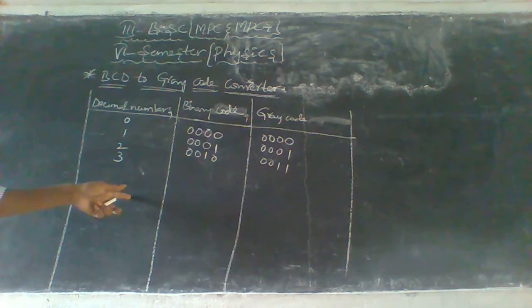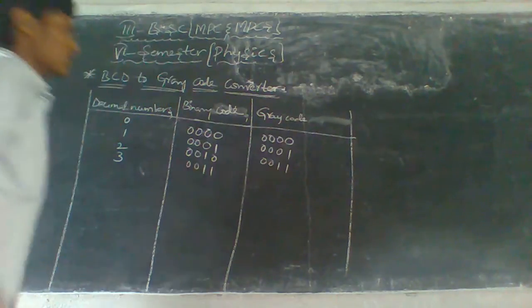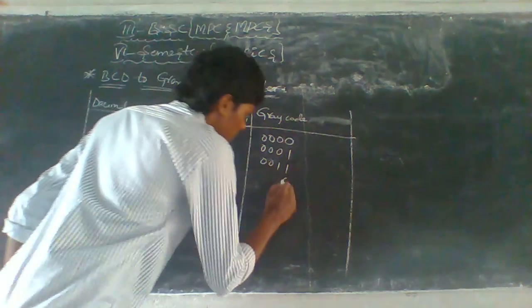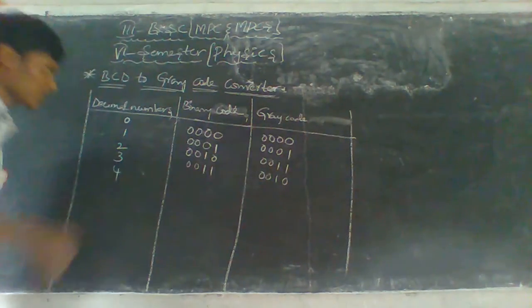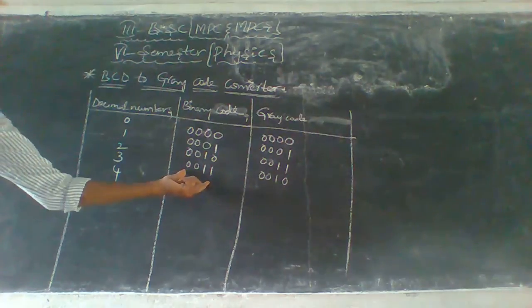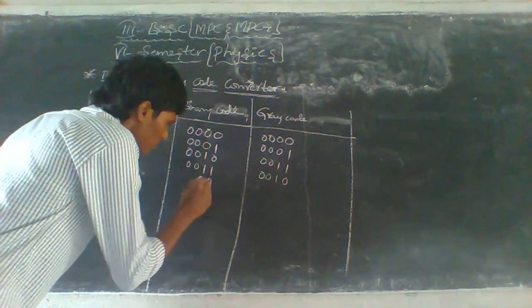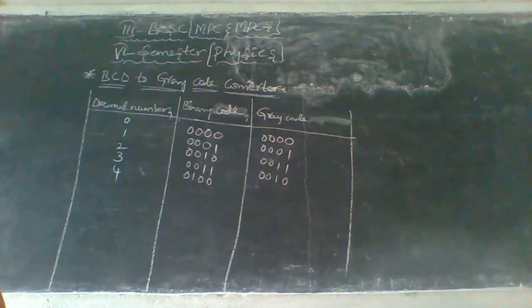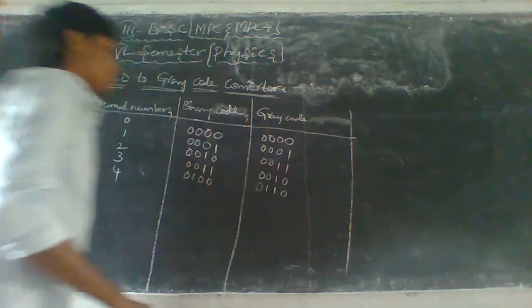Decimal number 3, the binary code is 1100 and the Gray code is 0100. Decimal number 4, the binary code is 0010 and the Gray code is 0110.